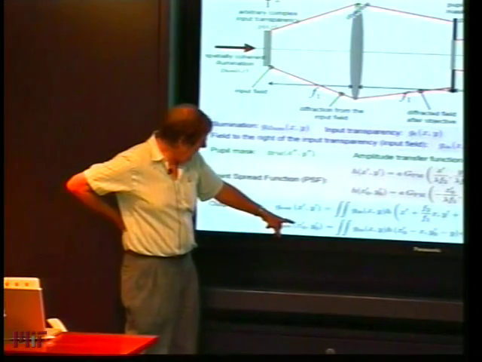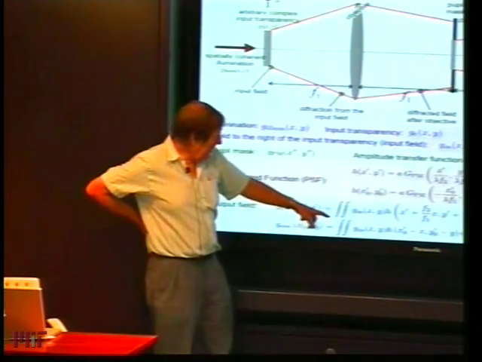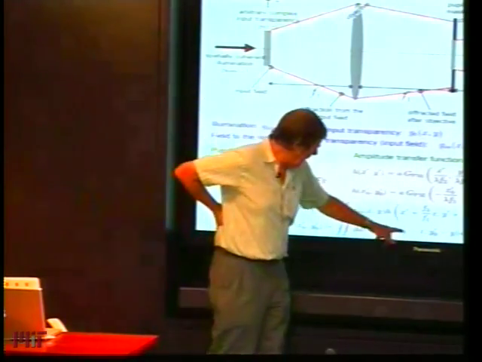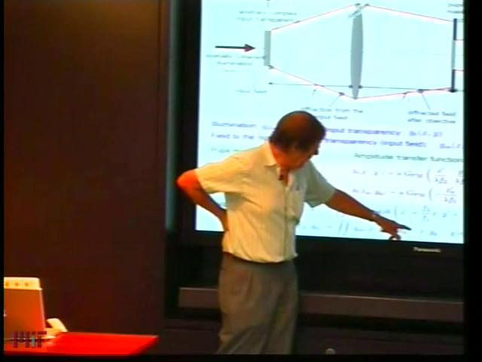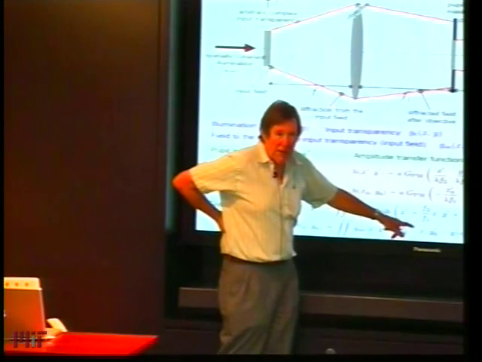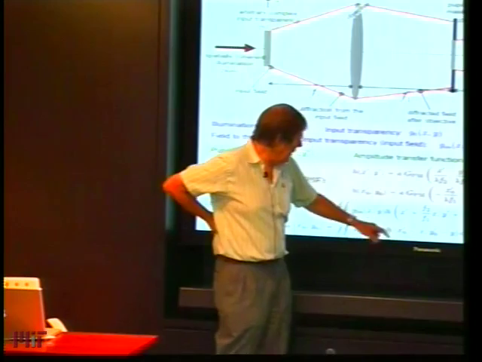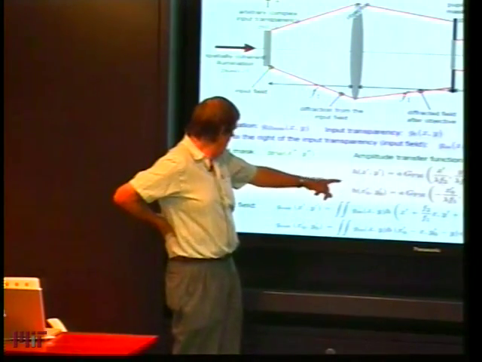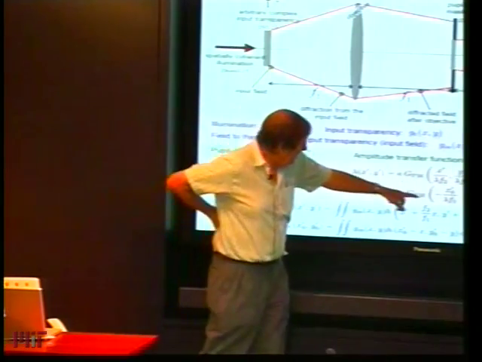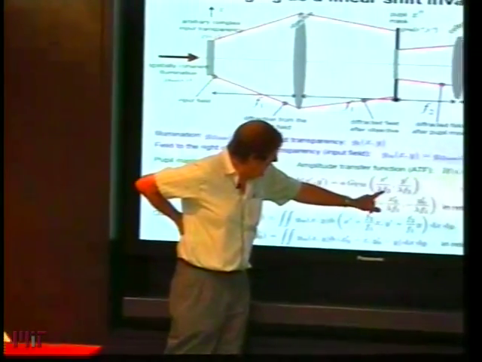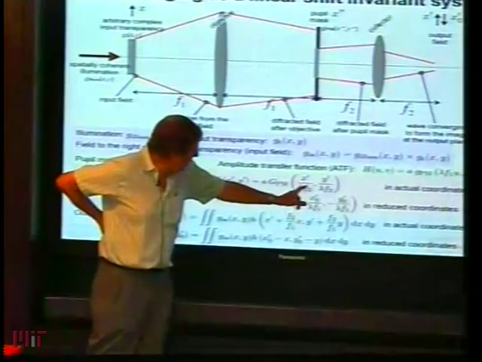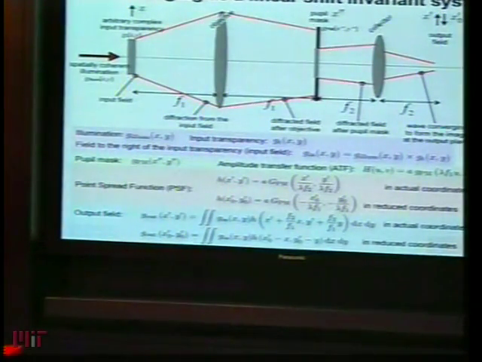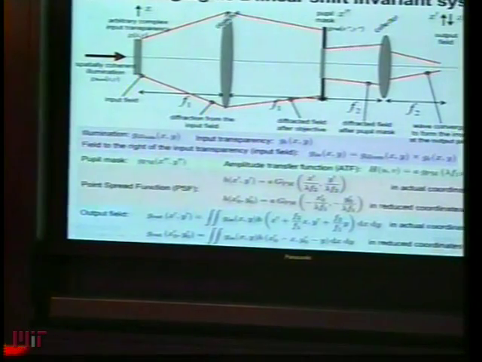The x naught dashed one is the rescaled one to make it look like a proper convolution. We've got rid of the scaling factor f2 over f1, and what that does back in the point spread function is it just changes 1 over f2 to 1 over f1. So you can work in either of those. Makes no difference really.